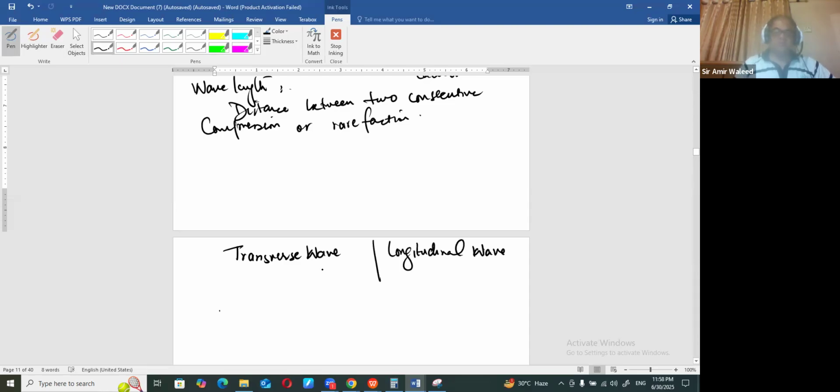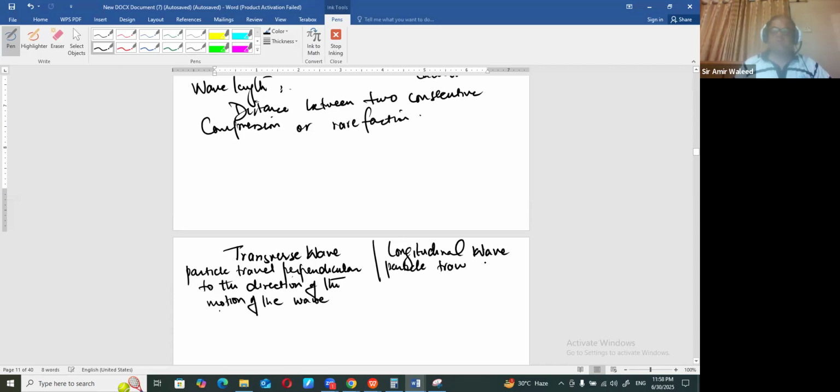The first difference is the definition. In transverse waves, particles travel perpendicular to the direction of the motion of the wave.